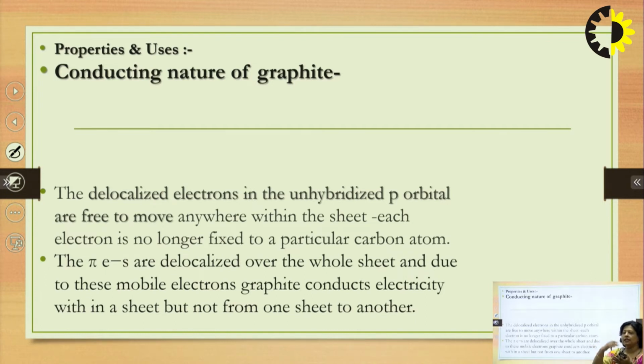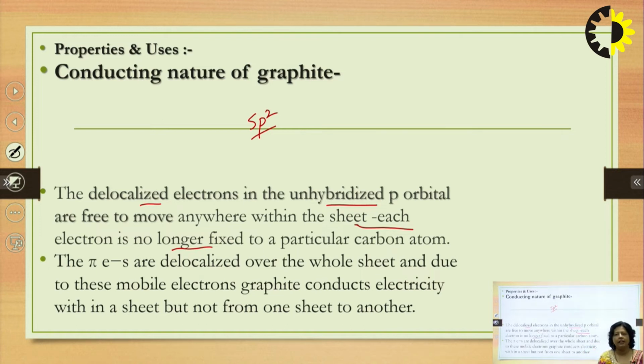Van der Waals forces are very weak, and thus electrons can easily move here and there, which are referred to as delocalized electrons. Because the hybridization is sp2, the fourth valency of carbon is still free, in the unhybridized p orbital, and the electrons are free to move anywhere within the sheet, so the electrons are no longer fixed.